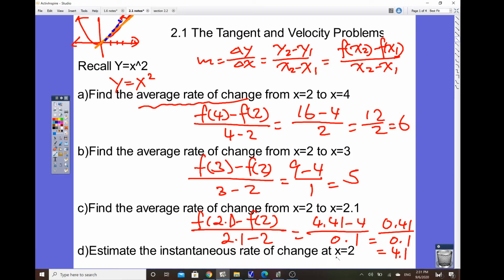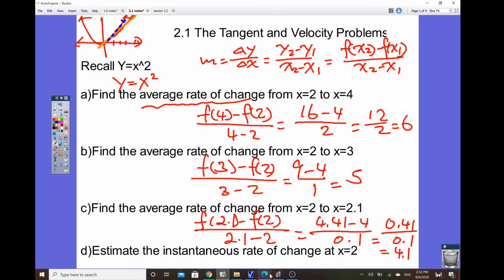The one that is getting close to the slope here at 2 is 4.1. So eventually that's about what? 4. Let's round it. So eventually the slope is about 4 units. Or if that were meters per second, that would be meters per second, but there are no units, so just leave it like that.